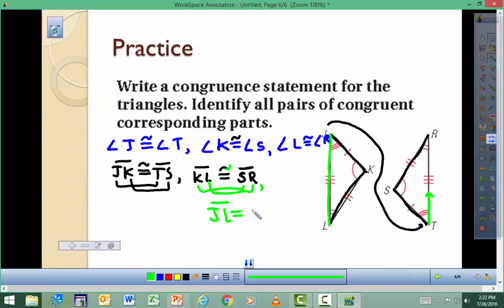So it matches up with T, and then it goes clear up to R. So the segment that corresponds to JL is TR. Those are the 6 parts that are congruent, all the pairs of angles and pairs of sides. You'll be doing that on your assignment as well. Just practice.